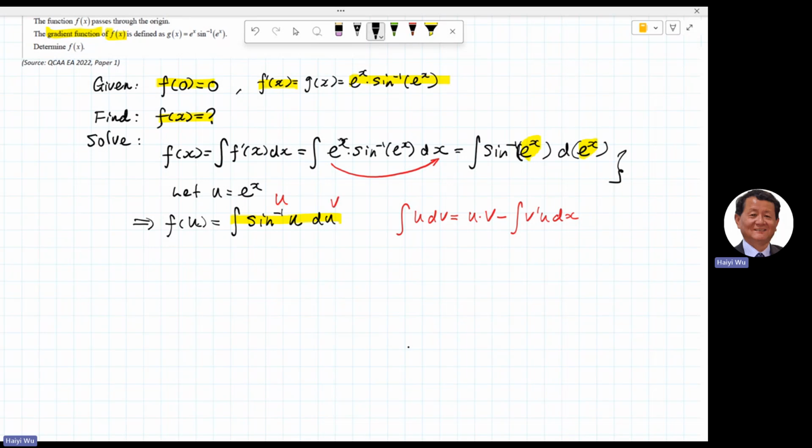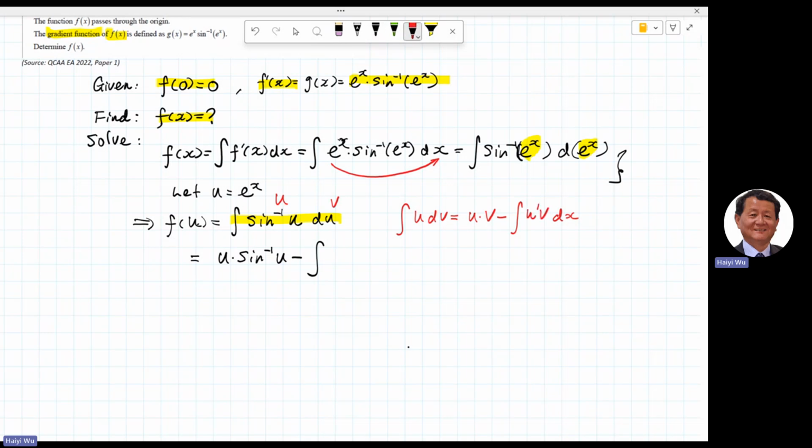So according to the formula, it will be u times v, so I put v in front: the inverse sine of u, minus the integral of the derivative, actually, sorry, my formula is the derivative of u times v.